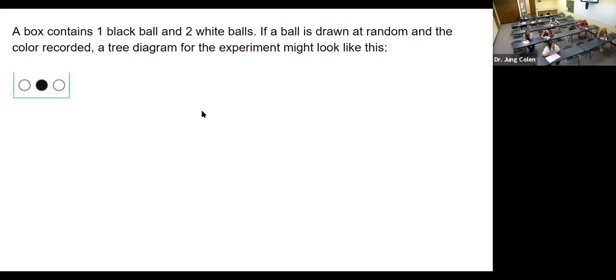You make it? Make a tree diagram. So what are the possible colors? Black or white, right? It's the only cases, right? Now let's consider the probability to get a black ball out of all the balls.